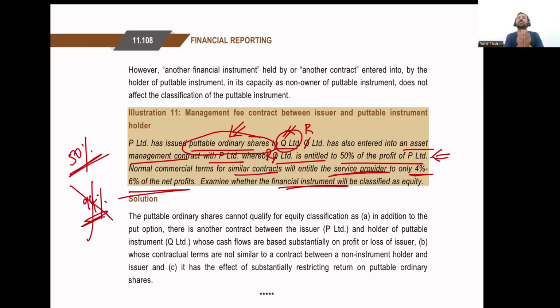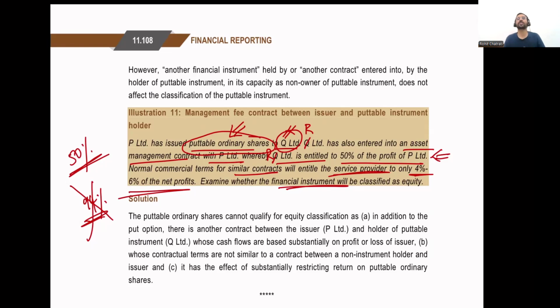Q Limited is not getting entitled to all the profits that the entity is earning. Q Limited's exposure to profits is getting restricted as a result of the existence of a contract with R Limited. Since Q Limited is not fully exposed to the profits or losses, the instrument that Q Limited is holding cannot be classified as equity.